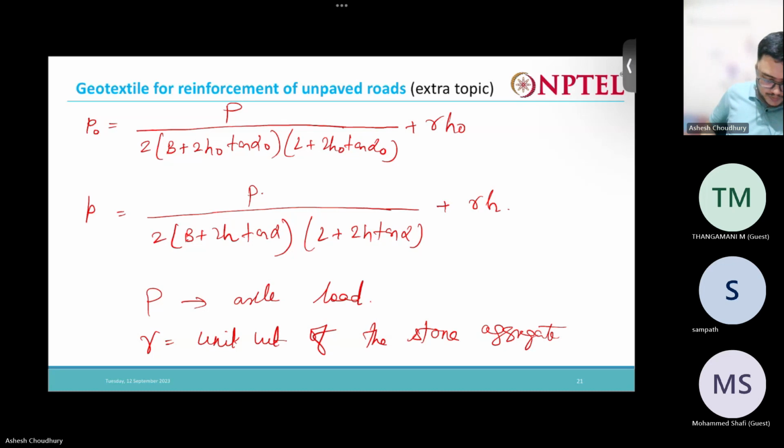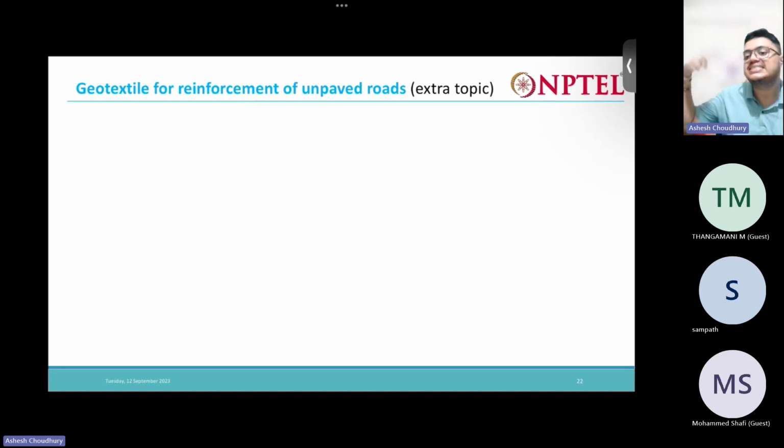Now what happens is that it is assumed that in the first case, when we are not using any reinforcement, the soil reaches its elastic limit. This is what we assume.